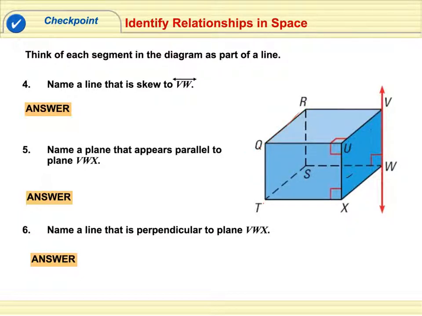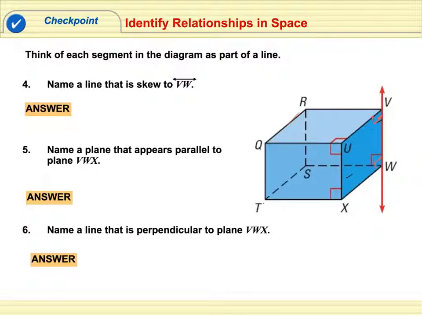Now think about which plane you want to pick. If you want to pick RVWS, that plane in the back, I would say this line, VW, let me do red, VW is 90 degrees. XW is also perpendicular to that plane.